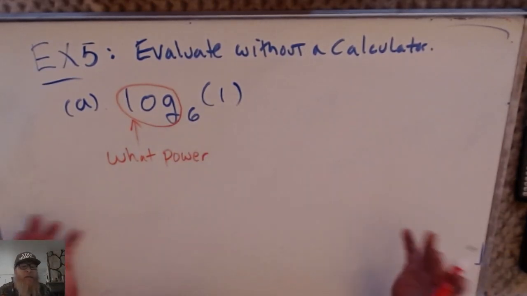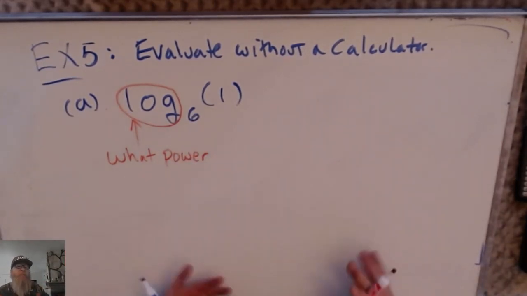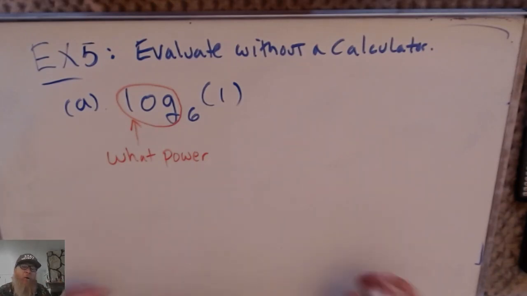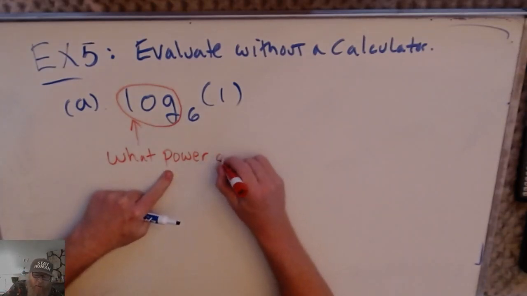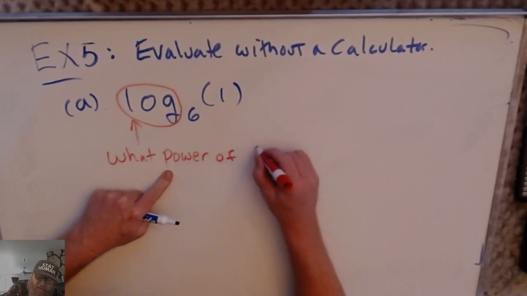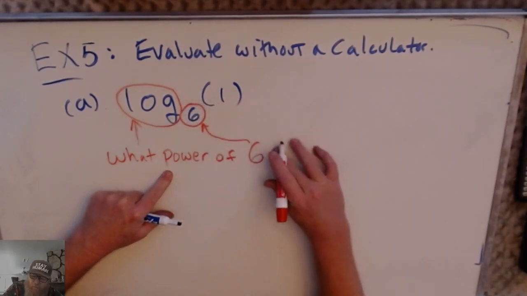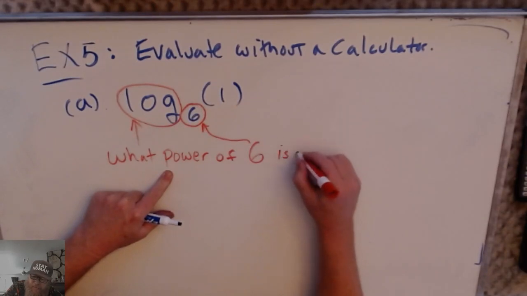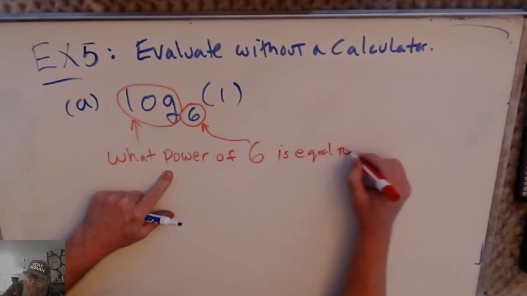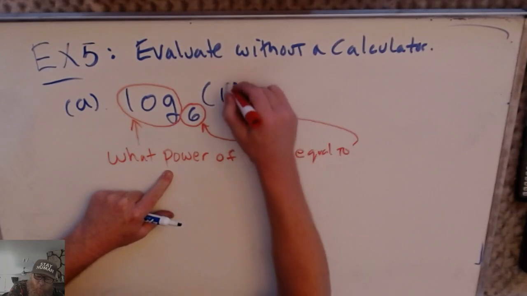Power is a slang term for exponent. We often call it a power. So what power of 6 is equal to 1?